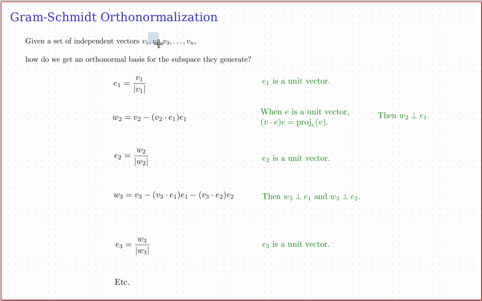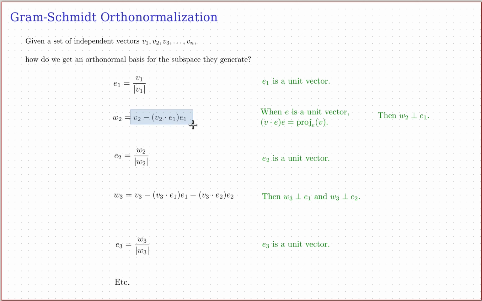Thereafter, for each vector v of the original basis, you have to perform two steps. The first step is to take v2 and subtract off the projection of v2 onto the previous basis vector. So we project v2 onto e1. Because e1 is a unit vector, I've written the simpler formula, v2 dot e1 times e1, for the projection. And then you subtract that off from v2. I'm going to call this w2.